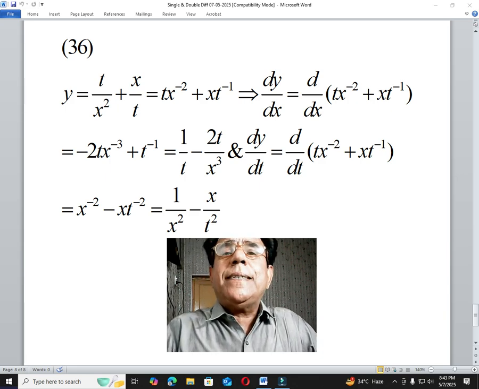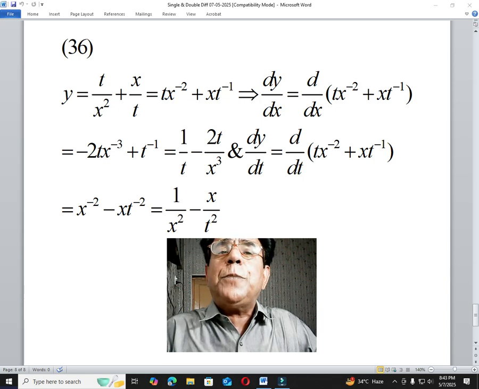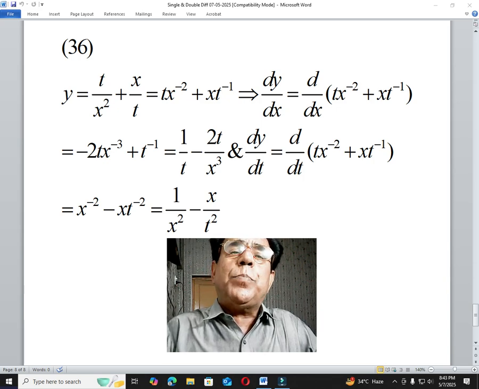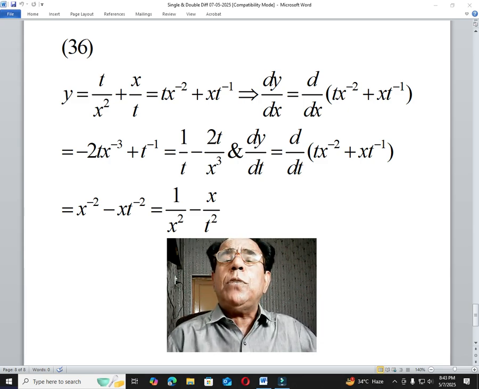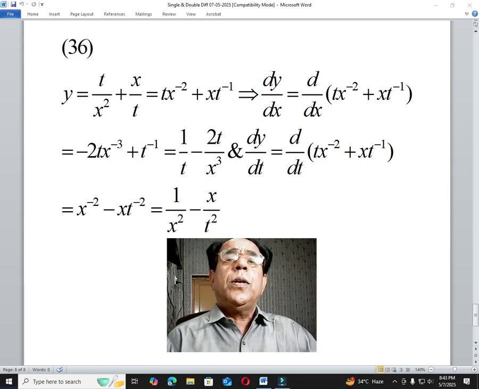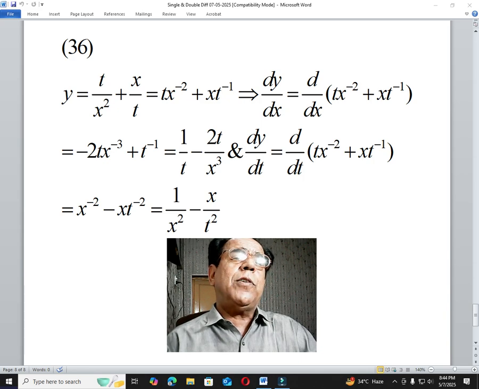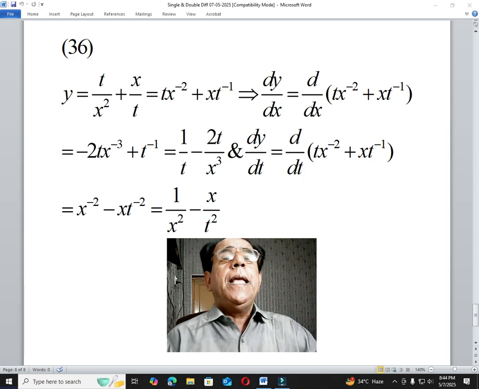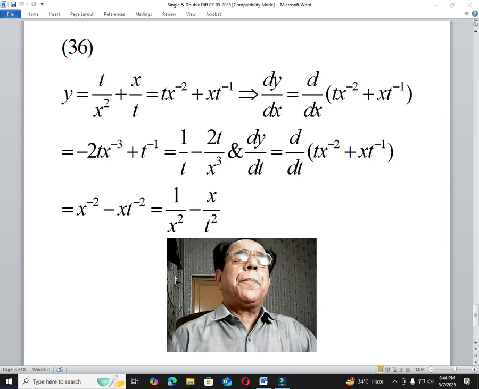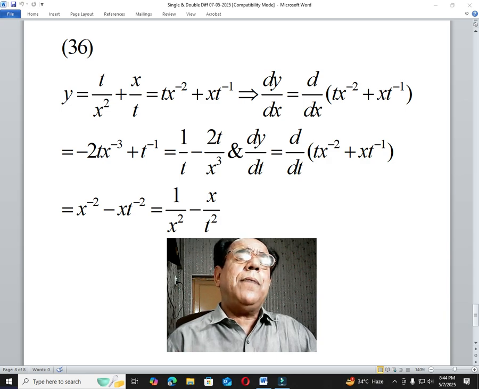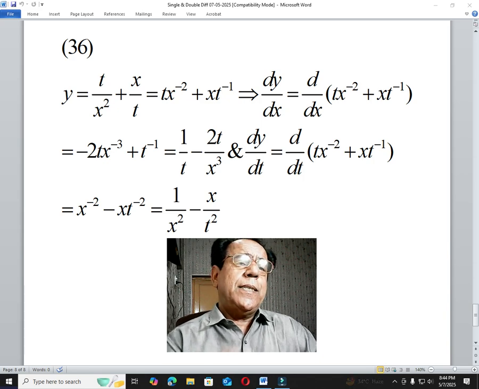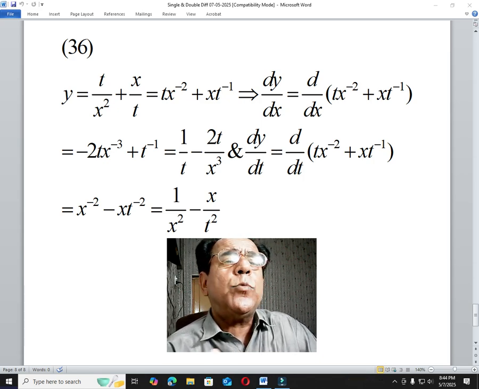plus the derivative of x into t raised to power minus 1 with respect to x will become t raised to power minus 1, because in place of x we will get 1 unity, because the derivative of x with respect to x is 1. So we have our answer as minus 2tx raised to power minus 3 plus t raised to power minus 1. And in the next step we have once again written them in such a way that minus power has been converted into plus power by changing their position from numerator to denominator.